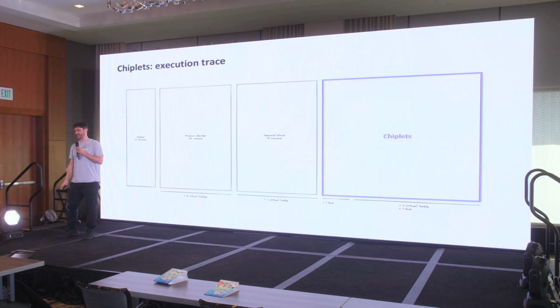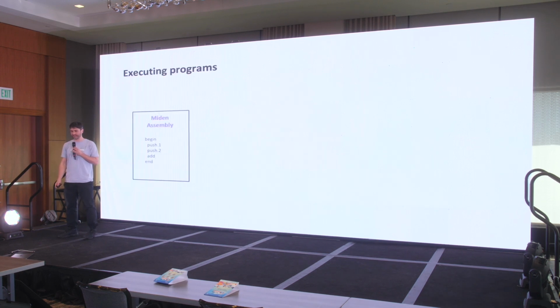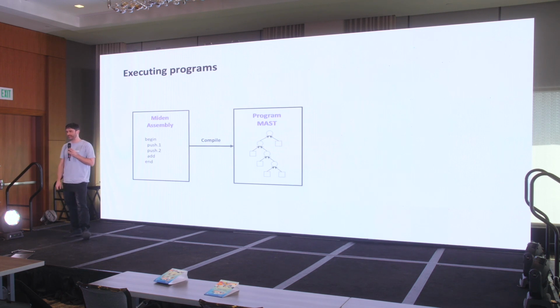And then we have the chiplets that I was talking about, where we can do optimized computations. Our programs at the moment look like this. This is one of the trade-offs I mentioned before. At the moment, we don't have a Rust compiler. In the future, hopefully we will. But at the moment, our programs look like an assembly-like language, and they get compiled into something that we call a Merkleized abstract syntax tree.